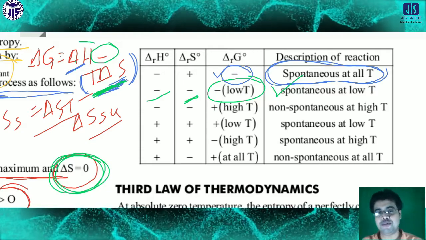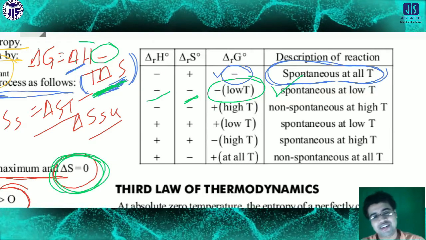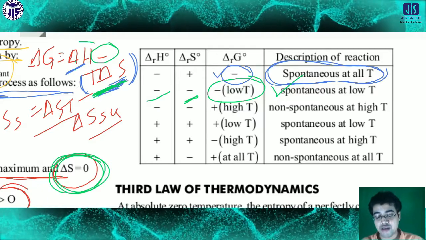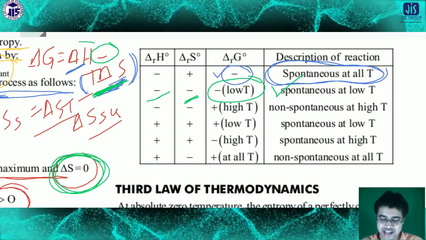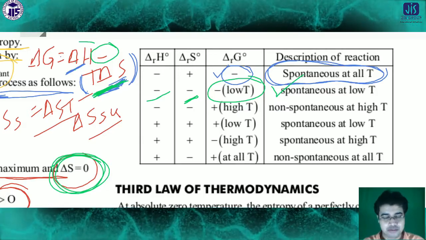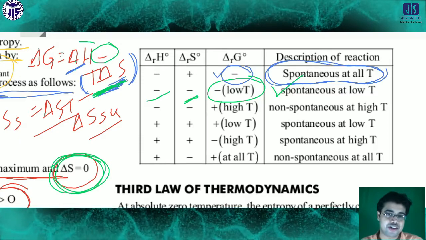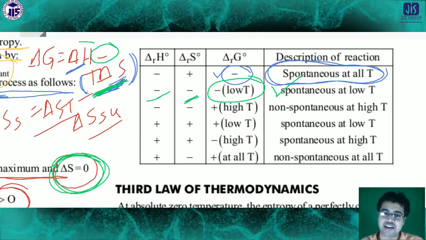I told you that every system has the tendency to increase its spontaneity. So it is expected that in each and every case delta S will be positive, because delta S means entropy of the product minus entropy of the reactant. If the entropy of the product is higher, then there is a chance that delta S will be positive.